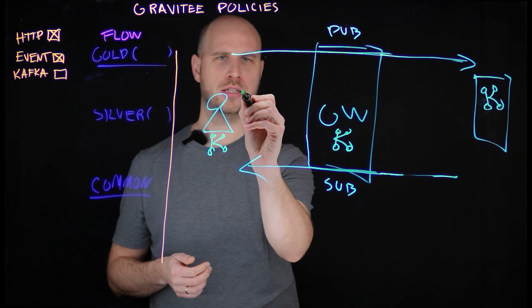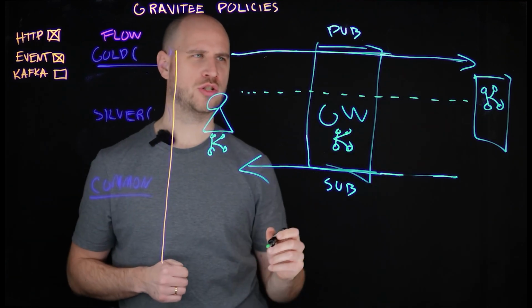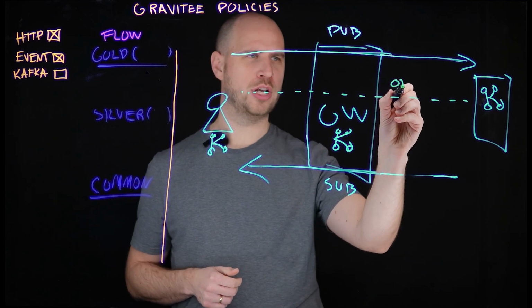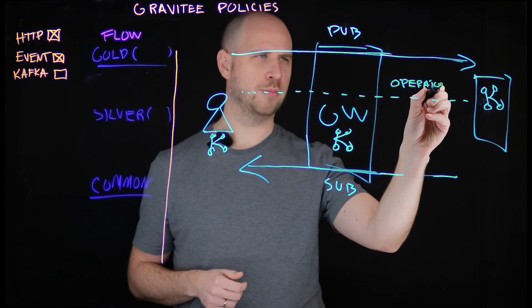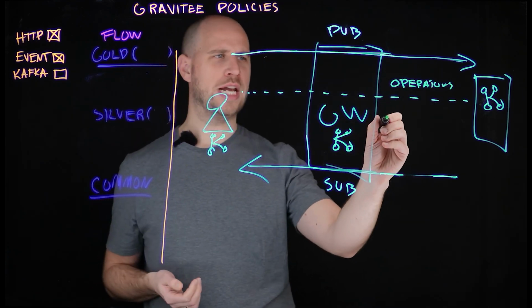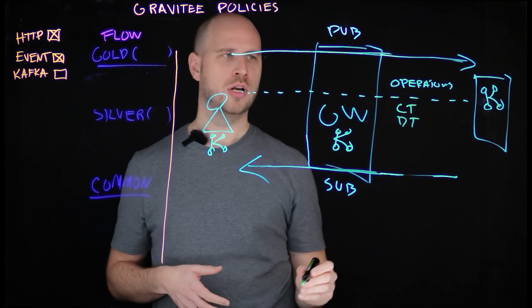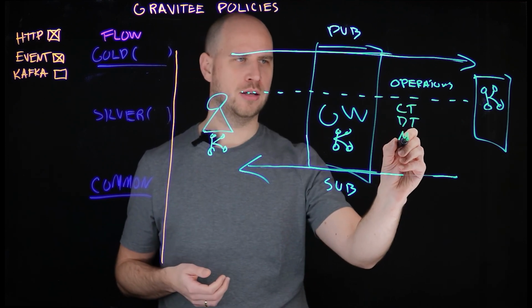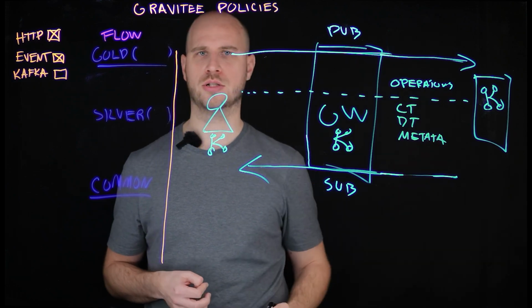As a matter of fact, there's also another type of interaction here, which we call operations, which might be on different sorts of Kafka commands, not only publishing and subscribing, but maybe creating topics, for example, or deleting topics, or other metadata-based operations that you might be performing on your Kafka cluster.